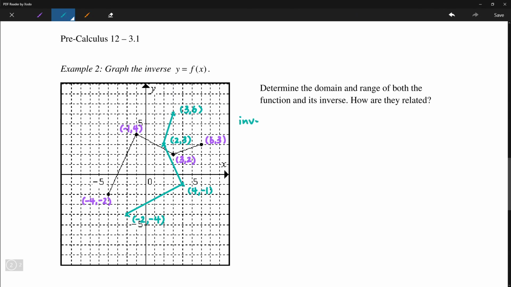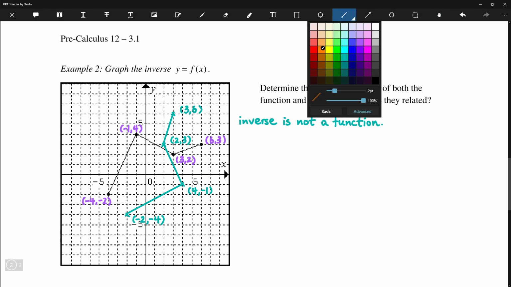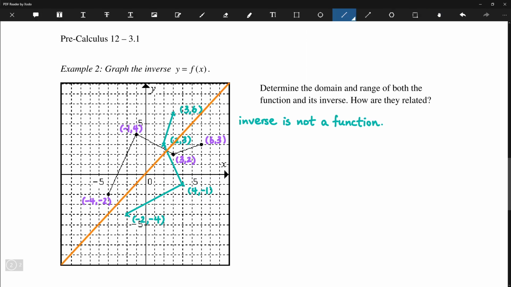Inverse is not a function. But it's still a good idea to draw in the diagonal y equals x to once again emphasize the reflection aspect of the function and its inverse.